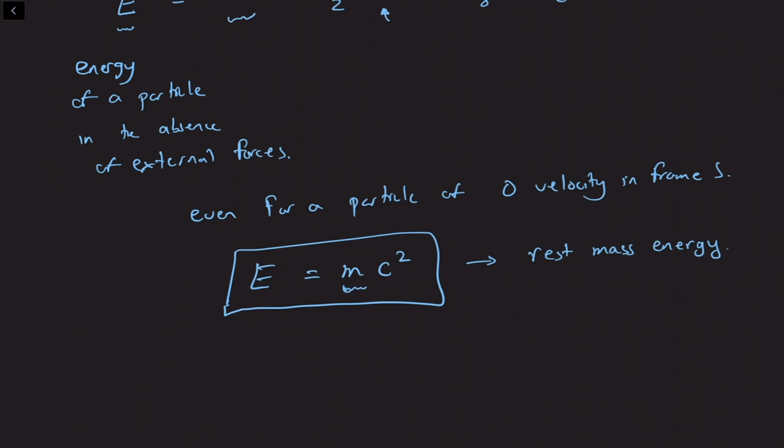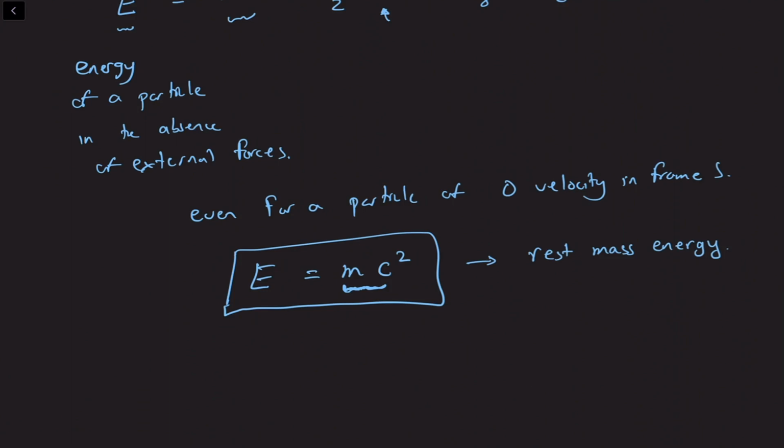Normally we could always add any constant to the total energy and not worry about it, because as long as this energy is locked up inside the particle, it doesn't matter.